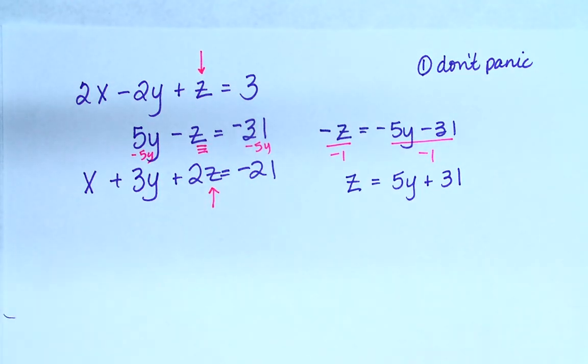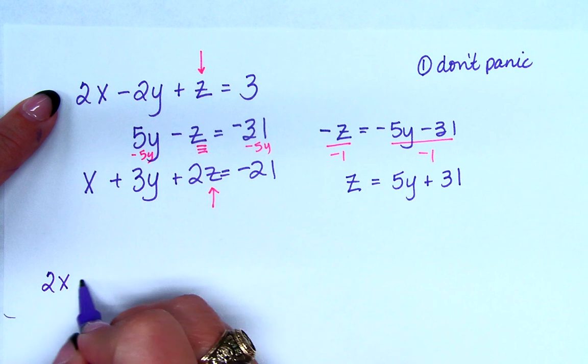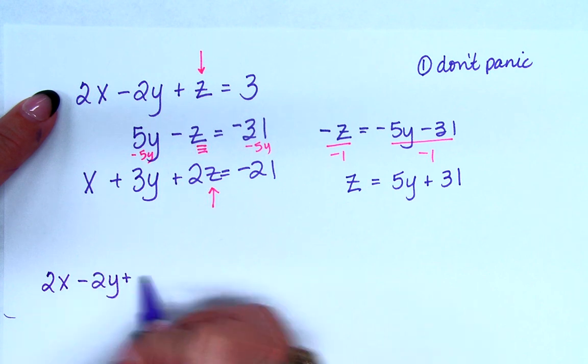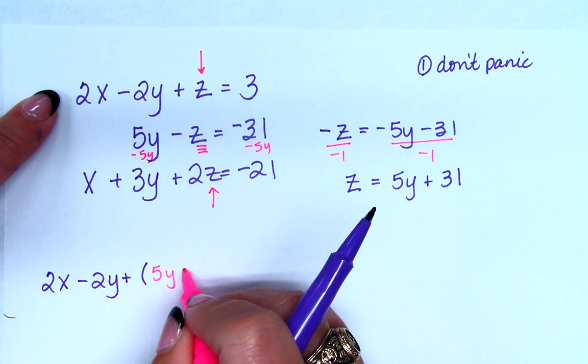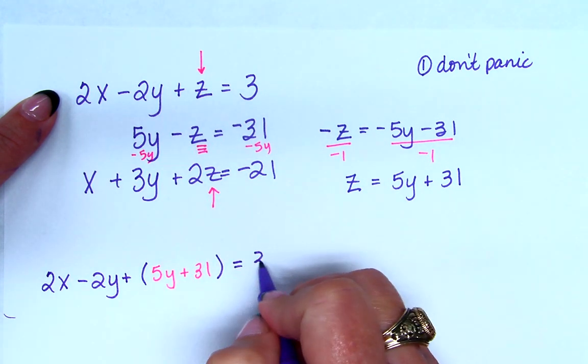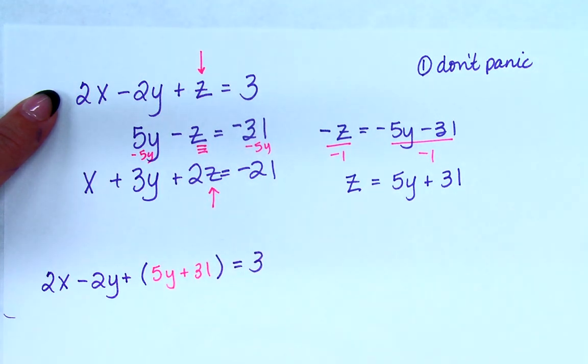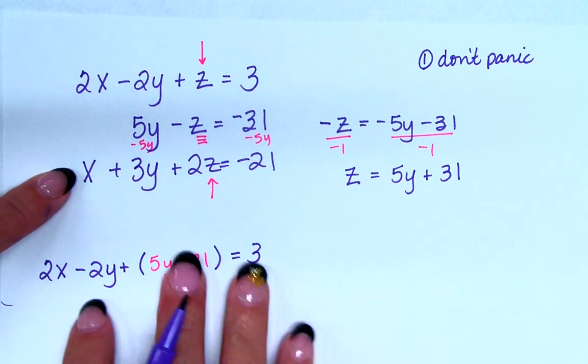So I'm going to start with the top one. 2x minus 2y plus z, which is 5y plus 31, equals 3. Okay, so far? Now I'm going to plug it into the last one. I know I haven't simplified anything yet.